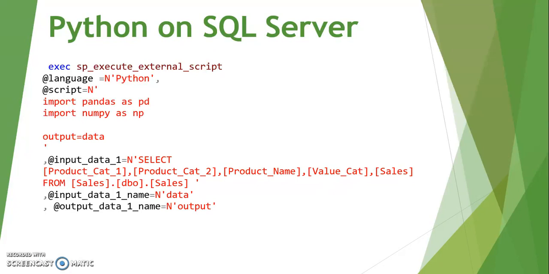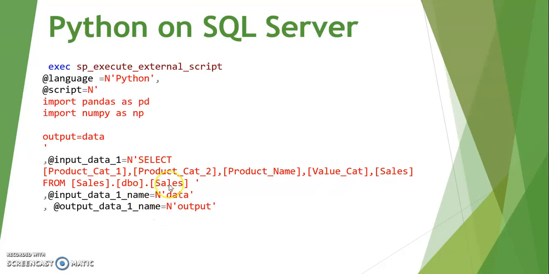Now this is the sample code that I'm going to execute. Here we can see the command to execute the external script, then the language name, the Python code here, the SQL input select statement, the alias name, and finally the output variable.